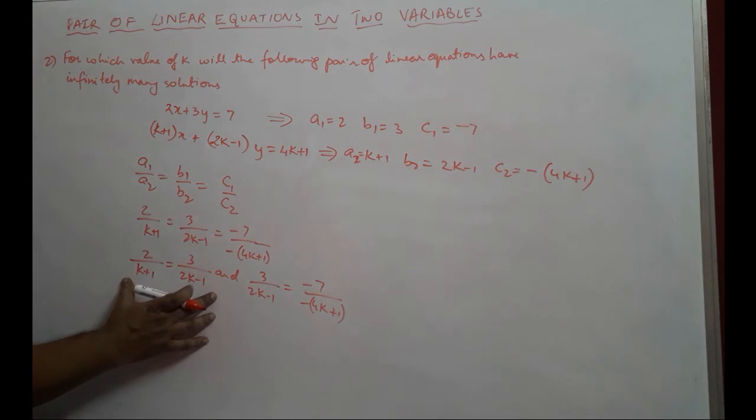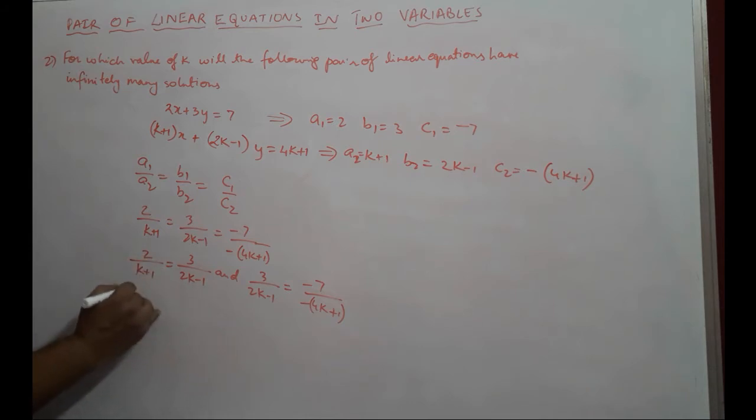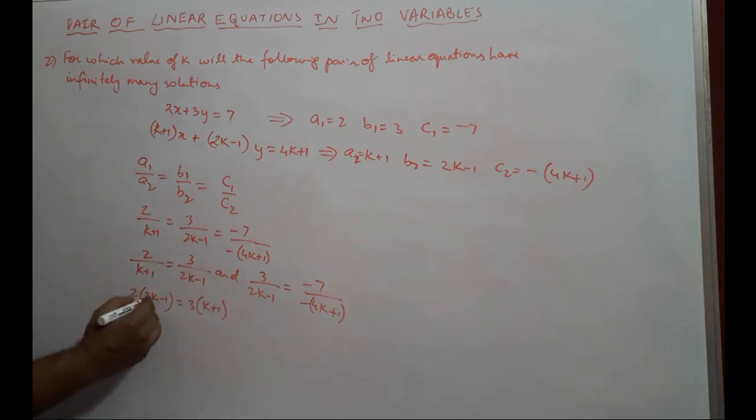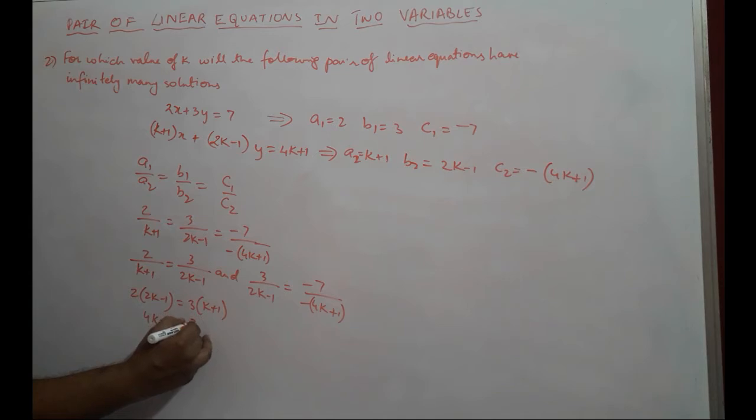So if we go down further with this equation, we cross multiply, we get 2 into 2k minus 1 equal to 3 into k plus 1. 2 into 2 is 4k, 2 into minus 1 is minus 2, 3 into k is 3k, 3 into positive 1 is plus 3. 3k, when we bring it on the left hand side, it becomes negative.